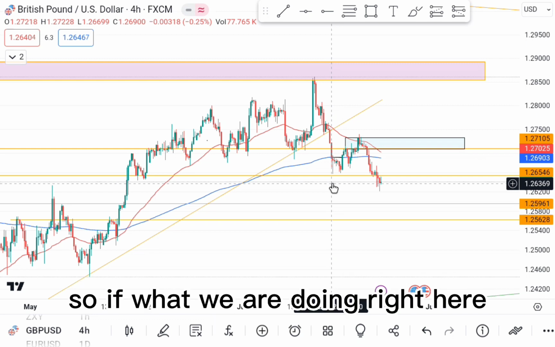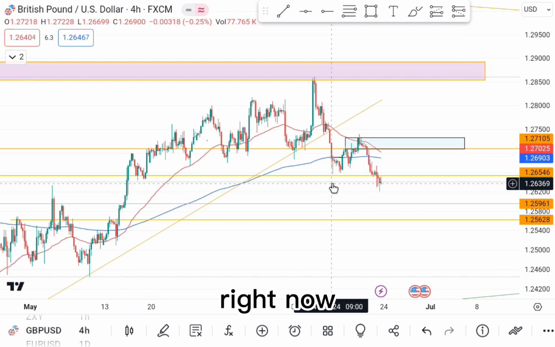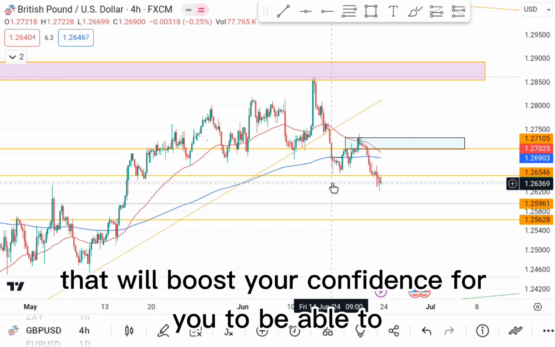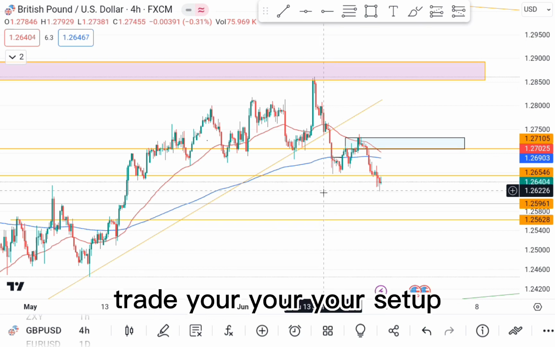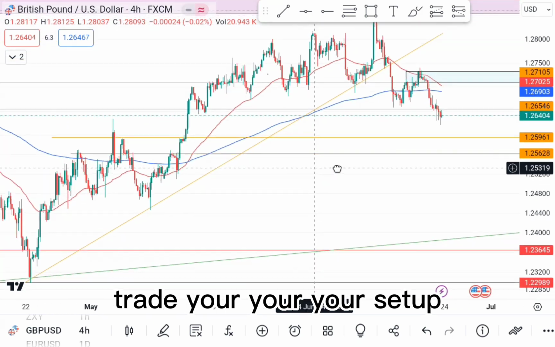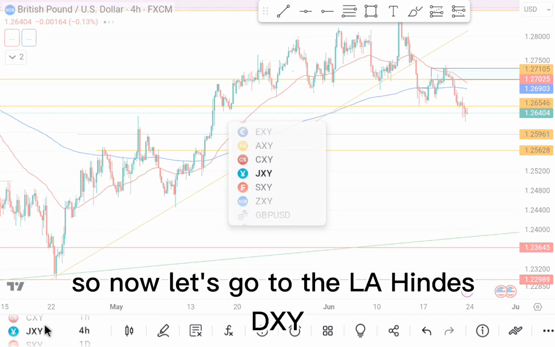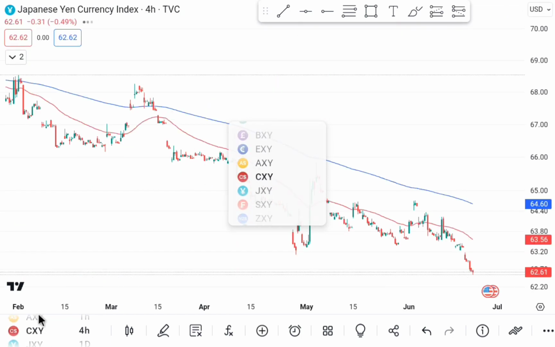So if what we are doing right here is the same with what you have been looking at, that will boost your confidence to be able to trade your setup. So now let's go to the dollar index, DXY.